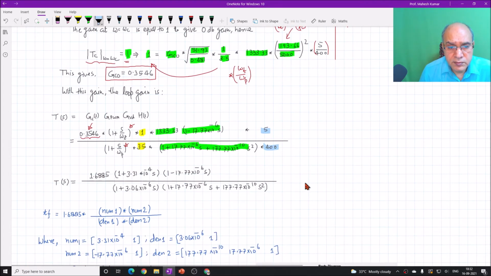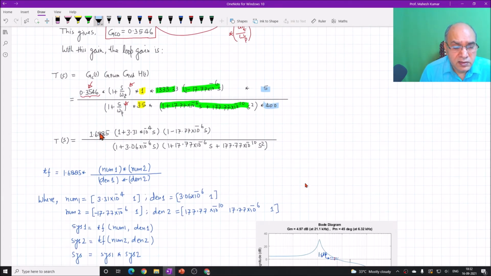Simplify this, we will have this transfer function: 1.6885 into 1 plus 3.31 into 10 to the power minus 4s for the lead compensator, and then for the GBD.